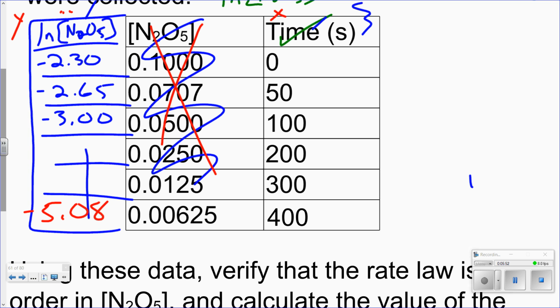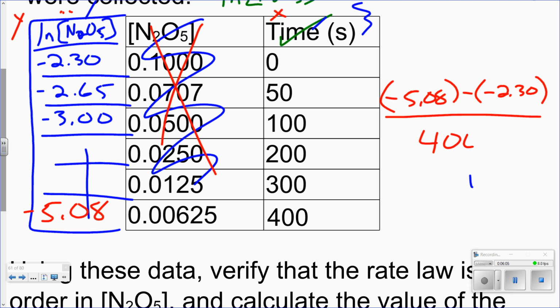So let's take negative 5.08 minus negative 2.30 over 400. This is the natural log of the concentration, and this is over seconds.